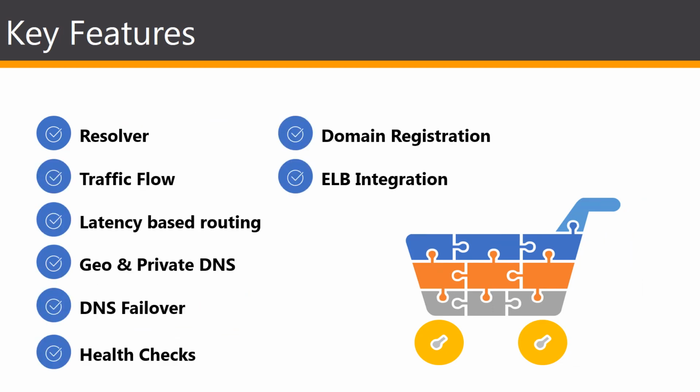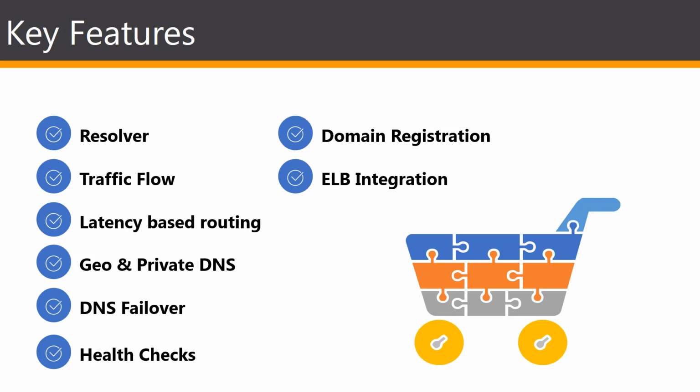Now, some of the key features that are offered by Route 53. You can get recursive DNS for your Amazon VPC and on-prem networks. You can create conditional forwarding rules and DNS endpoints to resolve custom names mastered in Amazon Route 53 private hosted zones or in your on-prem DNS servers. In terms of traffic flow, easy to use and cost-effective global traffic management.